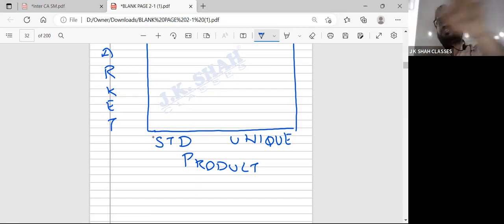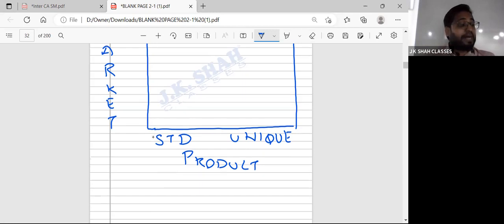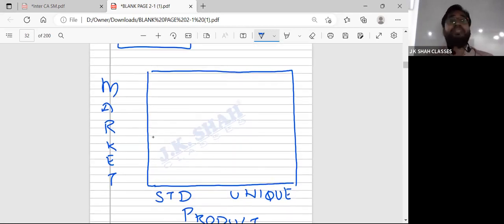As a business manager, will you know what kind of product you will be making? Yes. That is my job, to know whether we are making a product which is unique or whether it is similar to our competitors. Market. Market can be of two types. It can be a broad market, it can be a narrow market.